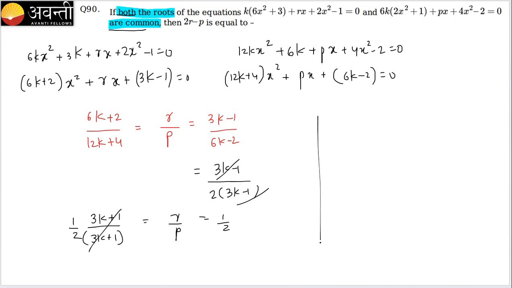So that means r by p is equals to half. That means 2r is equals to p. So 2r minus p will be equals to 0. This is my answer. So this was the last question, question number 90.